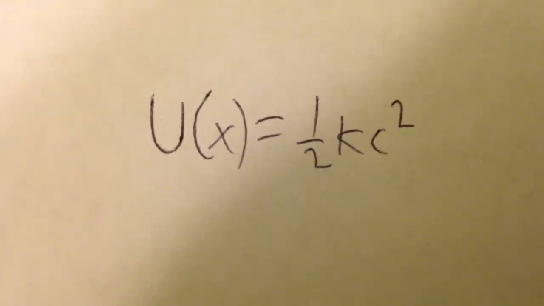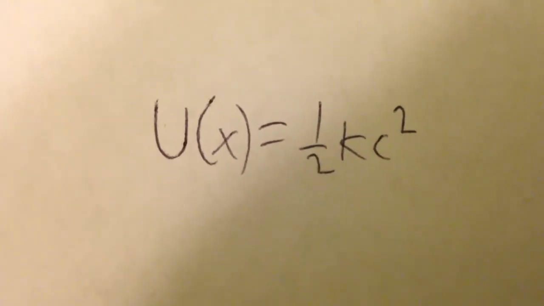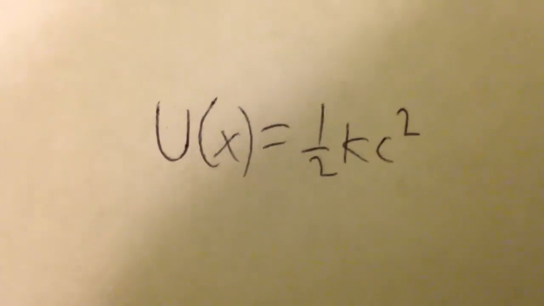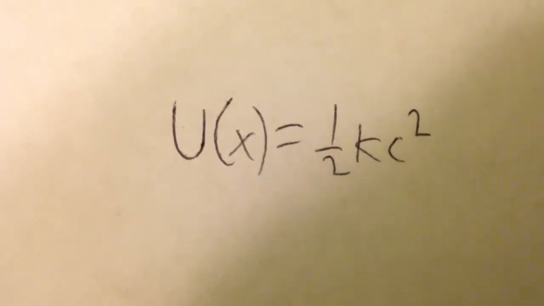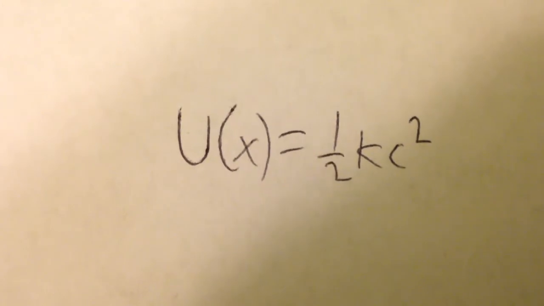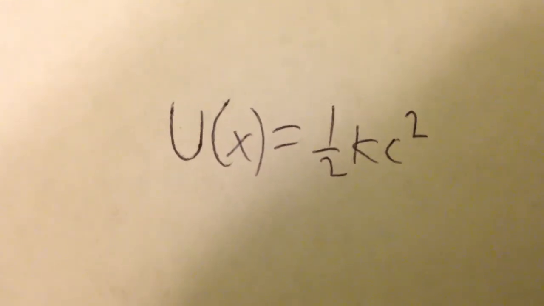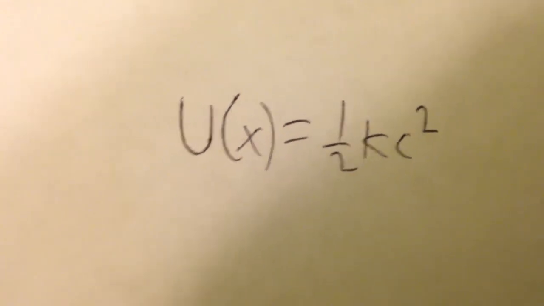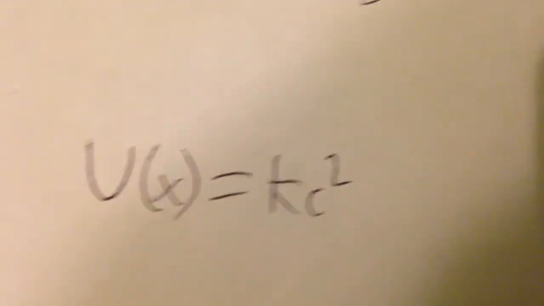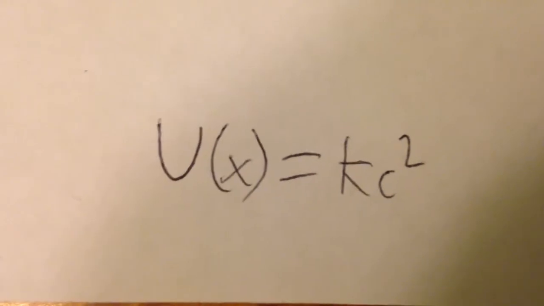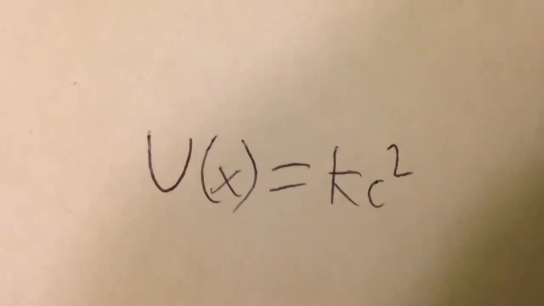Now, this applies to only one spring, but since both springs are identical, both are initially unstressed, and because the particle is moved perpendicular to both, we know that the total potential energy is double this. So the total potential energy is equal to kc squared.